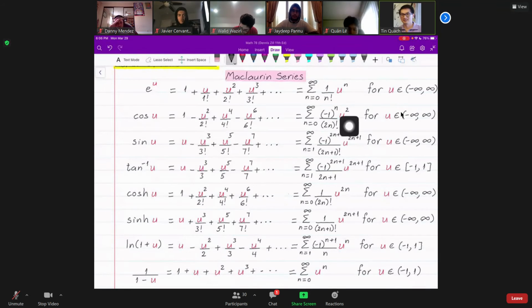Now, this one right here has something missing. You see the powers here are even. When n is equal to 0, 1, 2, increasing by an increment of 1, the power here is not squared, because it should be 2n. When n increases by 1, you go from 0 to 2 to 4 to 6 and so on. So please make that correction.